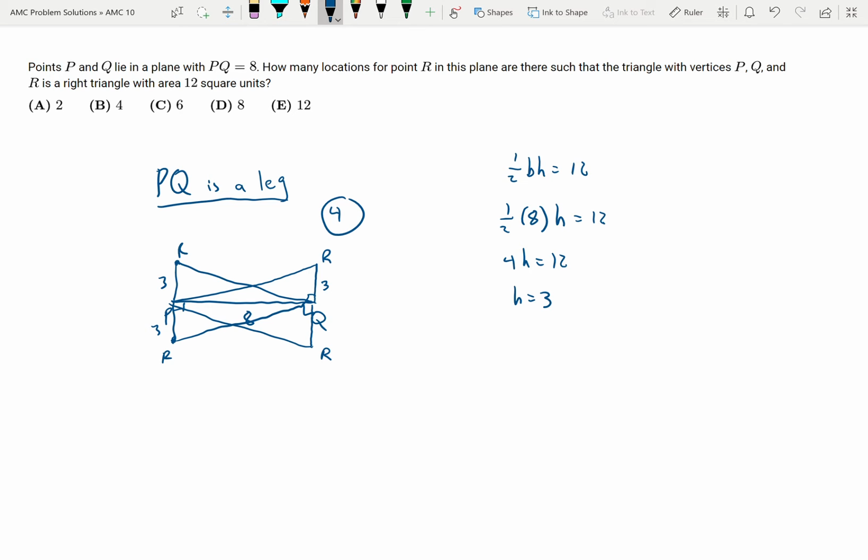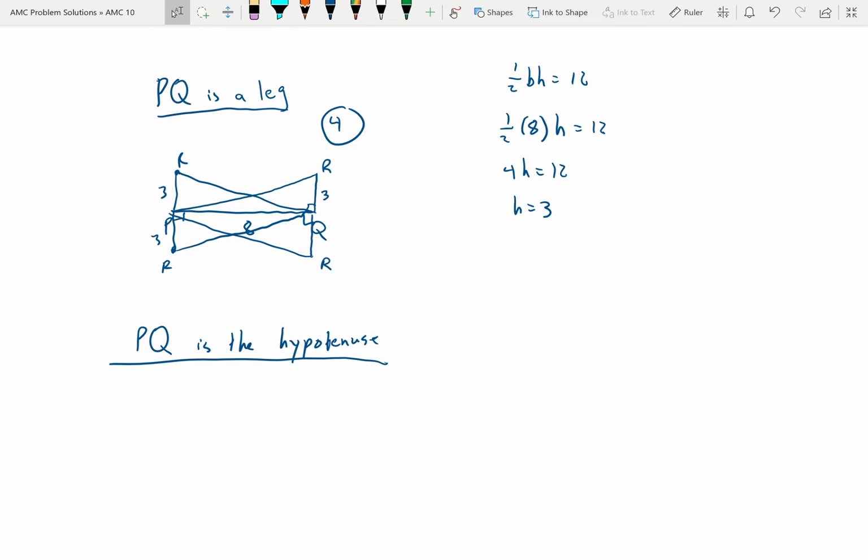Now let's consider the case where PQ is the hypotenuse. So in this case, I'm still going to draw PQ, but it's going to be the hypotenuse.